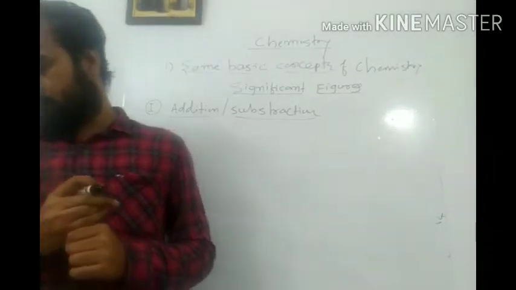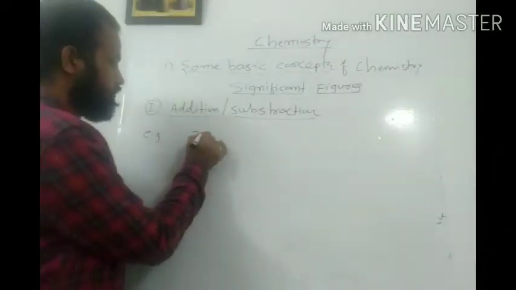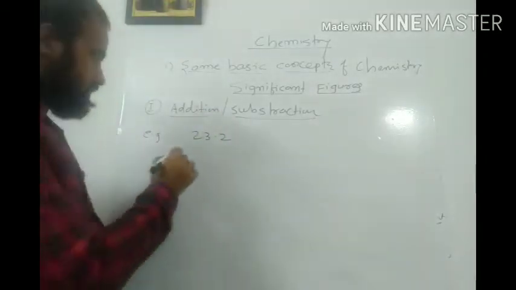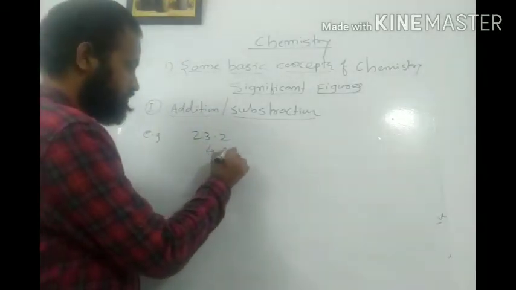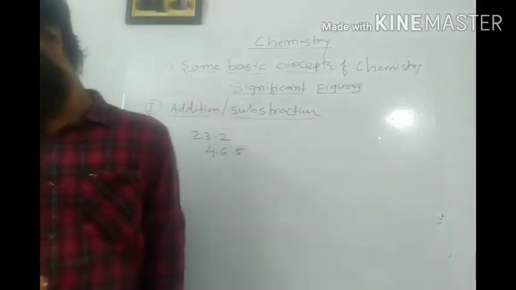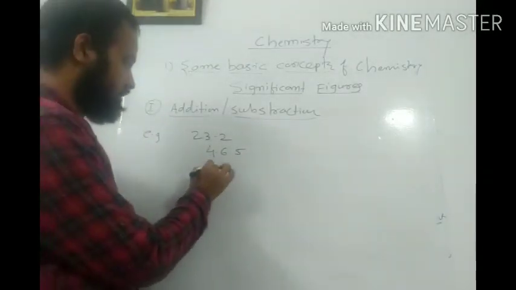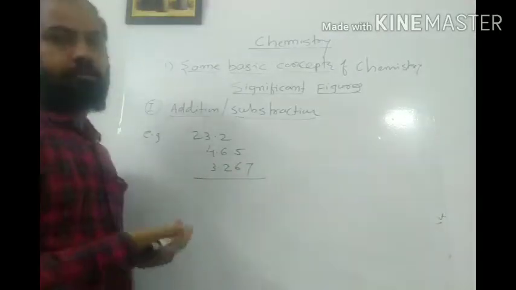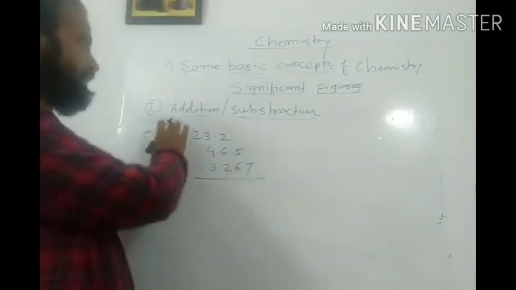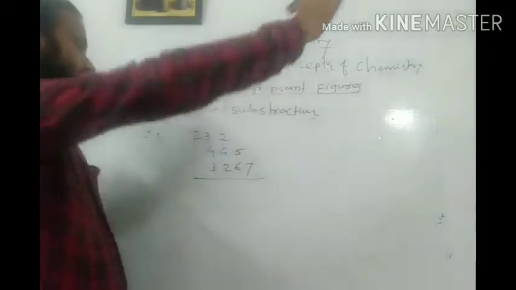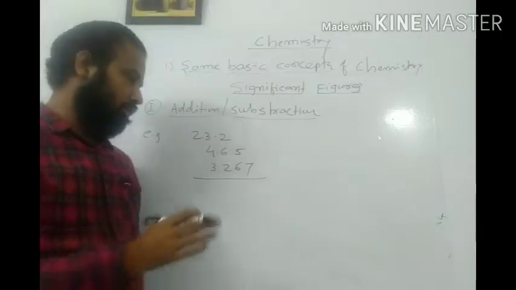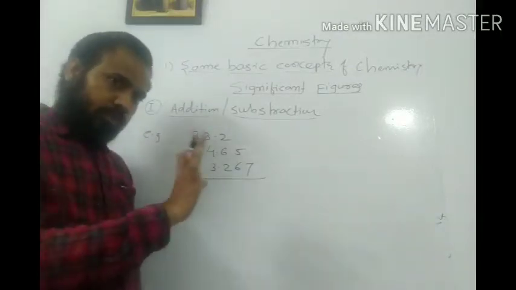The first figure is given as 23.2, the second figure as 4.65, and the third as 3.267. We have to add them all, considering addition of significant figures. Firstly, we do the addition as usual, but while writing down the answer we have to be careful.